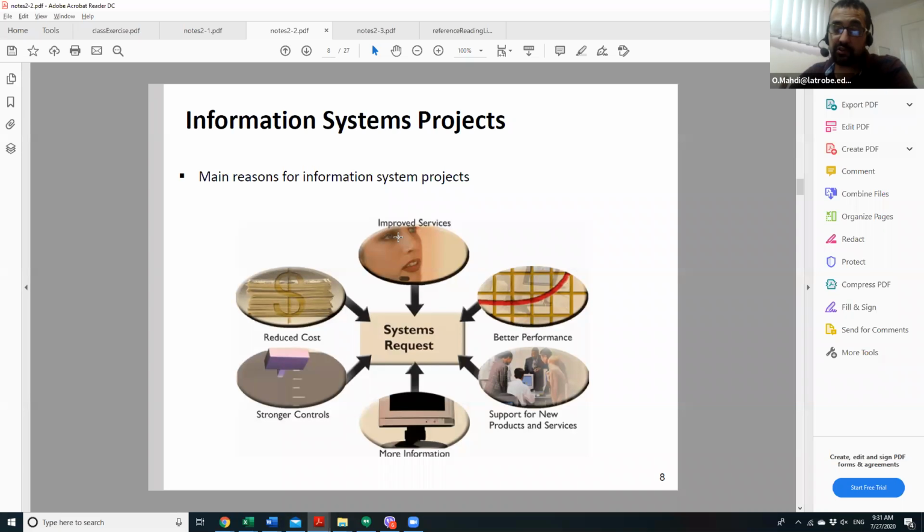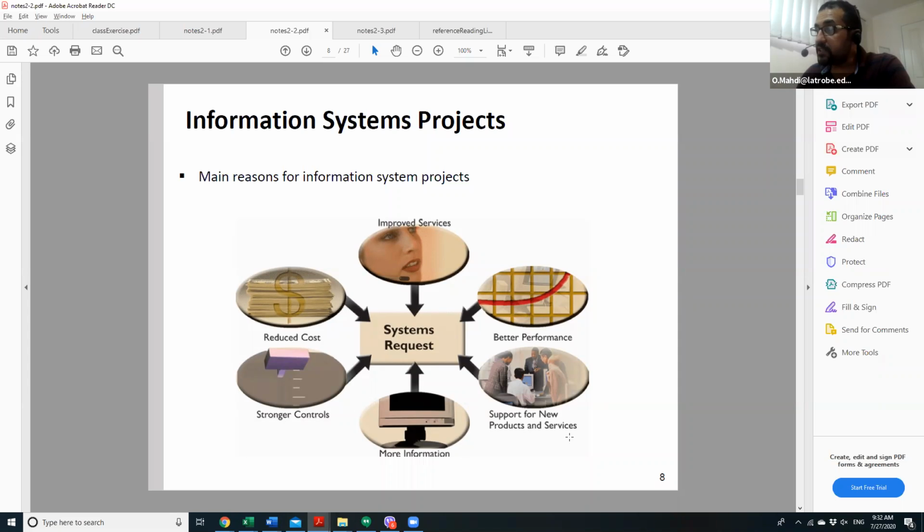So your idea is to come up with a system enhancement to the existing information system that provides more services. The second one is better performance. Let's say you find that as the number of students goes up, the performance of the LMS is not the best. That means you need to upgrade some parts of the existing information system.